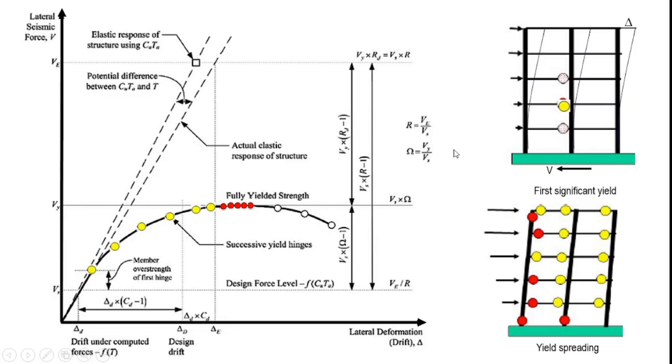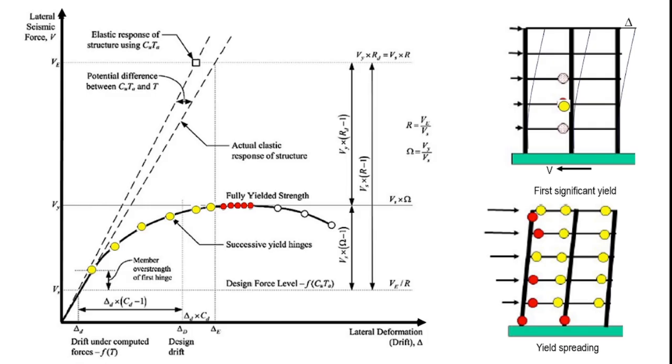In order to capture the real meaning of the term response modification coefficient, I would like to take you through some important terms. The first one is VE. Let me explain what VE is.